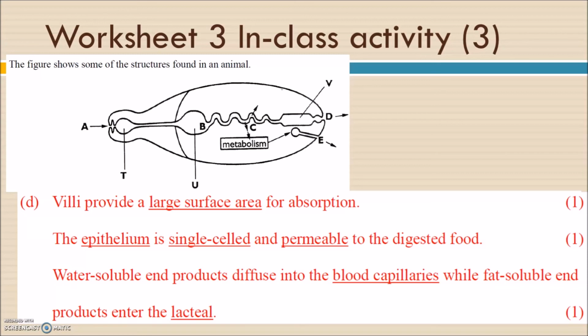Or you can also say that, because in the previous slide we learned that the epithelial cell has a highly folded cell membrane. It is talking about the villi. So we can focus on this single structure providing a large surface area, and the epithelial cell being 1 cell thick, and inside the villi we have the capillary and also the lacteal to carry the food away rapidly.